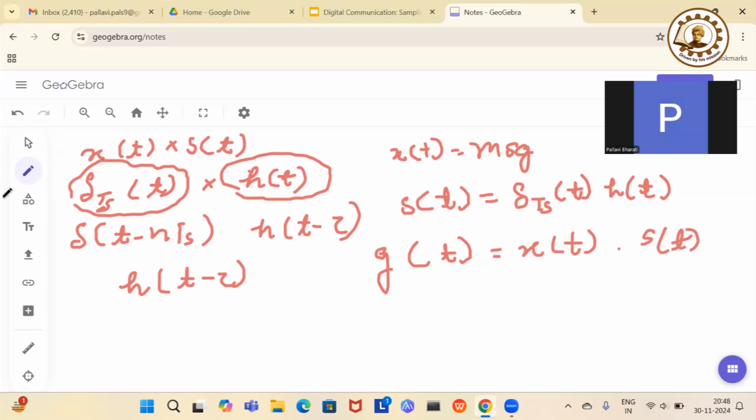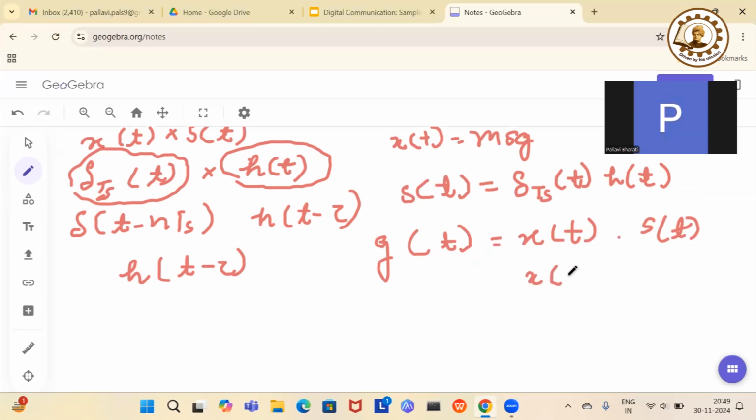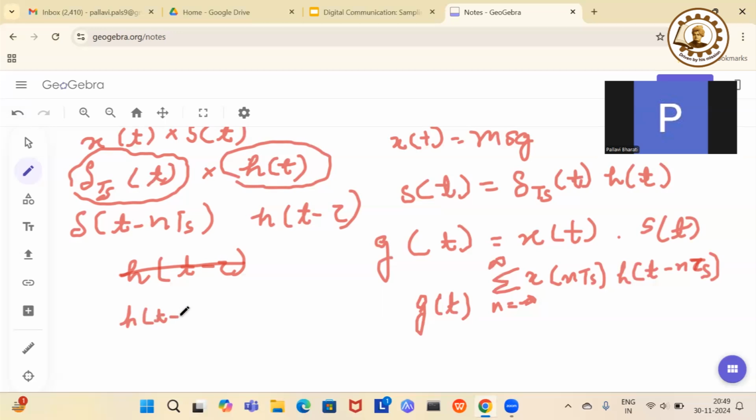Finally, the expression for this sampled signal in the time domain, you can write it as x(nTs) h(t minus nTs), from n equals minus infinity to infinity. This is g(t). So this part will be x(nTs), h of t minus nTs, when delta t minus nTs is multiplied with this one.